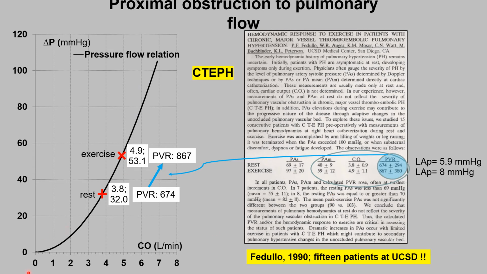So my point here is that I don't need to change the geometry of the circuit to explain the data. Here you are thinking that there is vasoconstriction as the patient is exercising, but it's not. This is just the kinetic energy that's increasing from this point to the other.